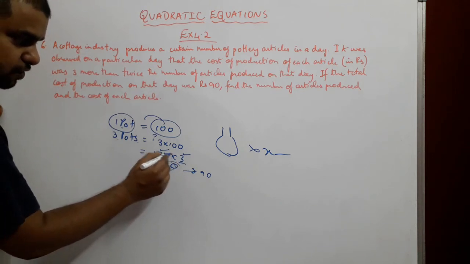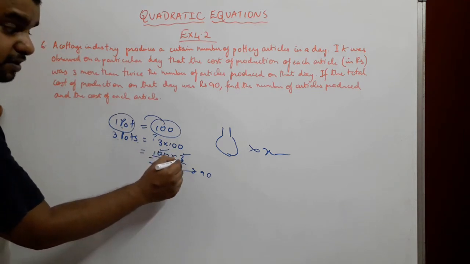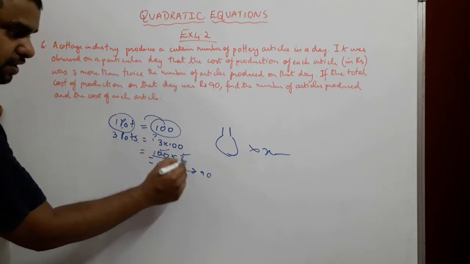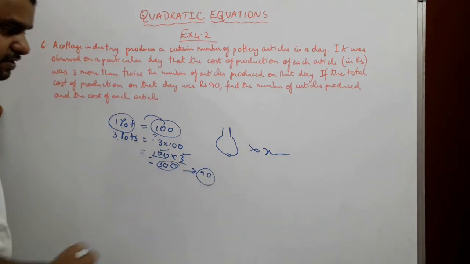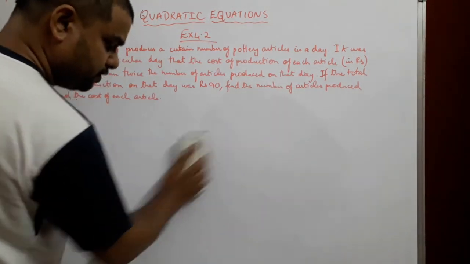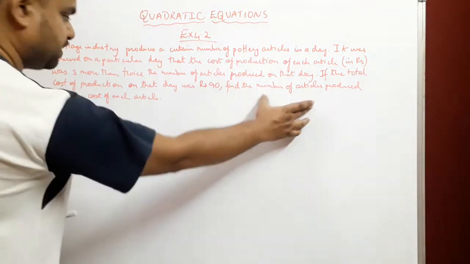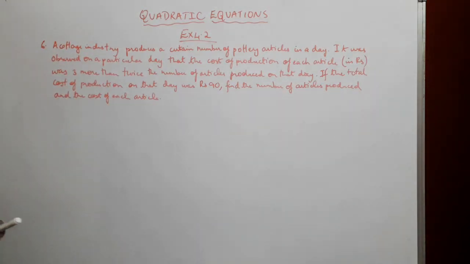Similarly, if we find the cost of one pot and the number of pots produced, we will get this answer, 90. So that is how an equation will be formed. So what we do is, first we will assume the number of articles produced, because we need two things: number of articles produced and the cost of each article.